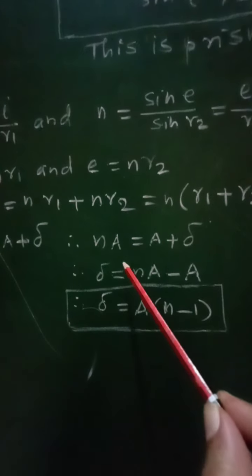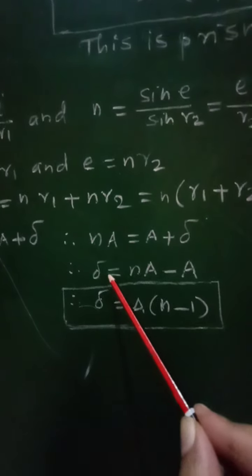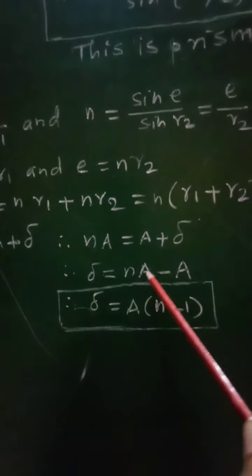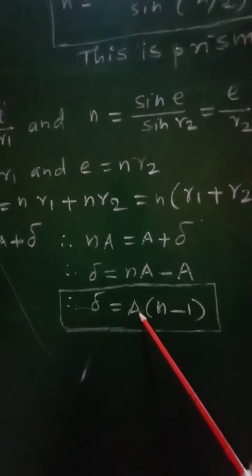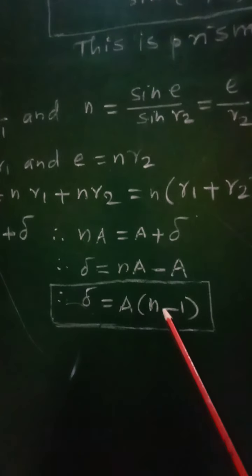Shifting this to the left side, it becomes minus, therefore delta will be equal to nA minus A. Then A will be taken common, and therefore delta is equal to A into n minus 1. So this is the angle of deviation for a thin prism. The deviation due to a thin prism is given by the formula delta equal to A into n minus 1. So this deviation will depend upon the refractive index of the material of the prism.